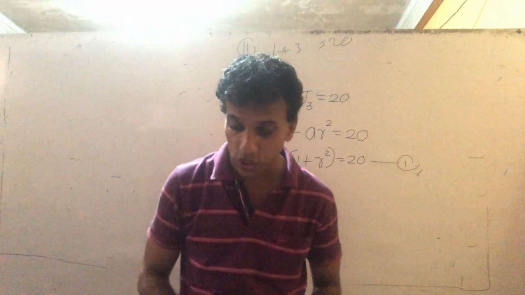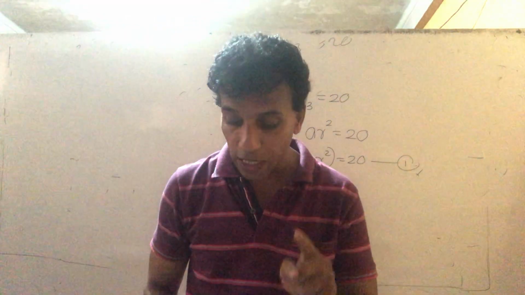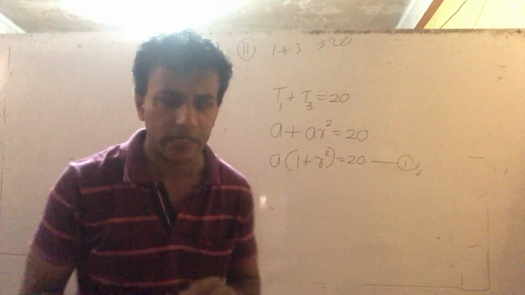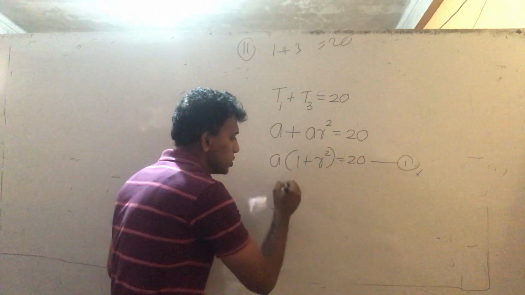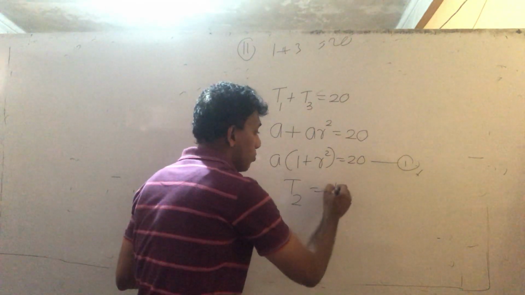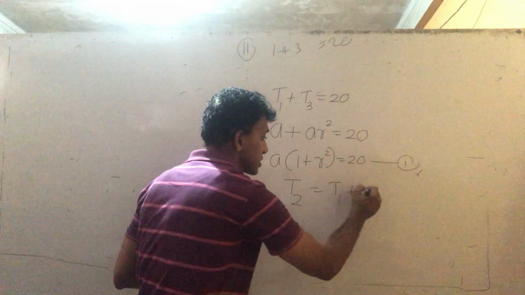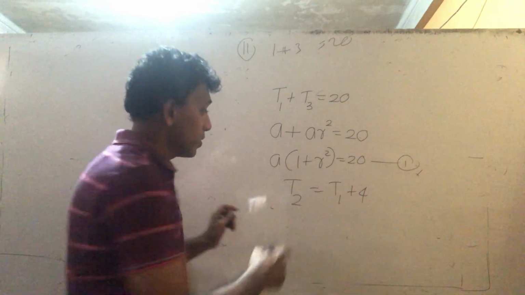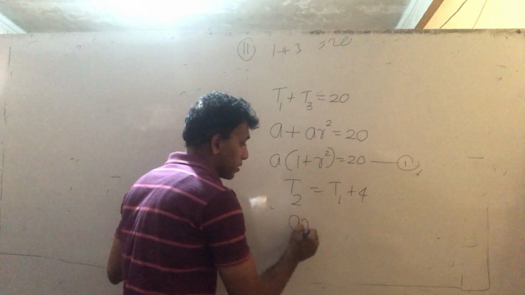But the second equation is: the second term is 4 more than the first term. So T2, the second term, is 4 more than the first term. What is the second term? AR.